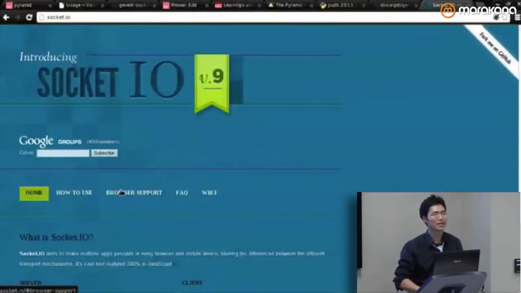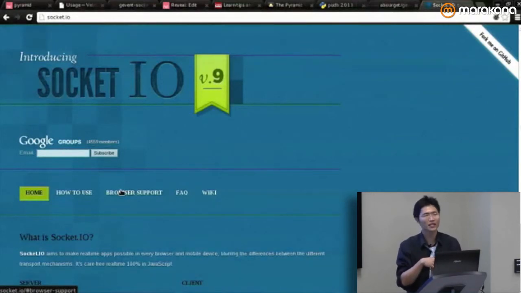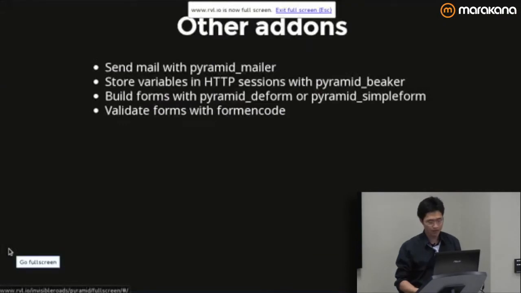It'll fall back to long polling if there's no WebSockets. It wasn't as good as they advertised. Oh, really? Maybe it's improved. It's been a while, but it seems to work well for me. There's long polling and then there's flash, so they have 3 or 4, 5, 6 fallbacks. But like I said, I'm warning you, it's still an early stage technology, so you don't want to rely on it too heavily.